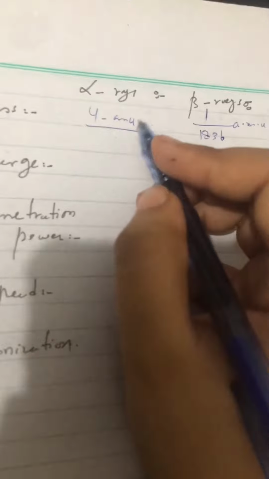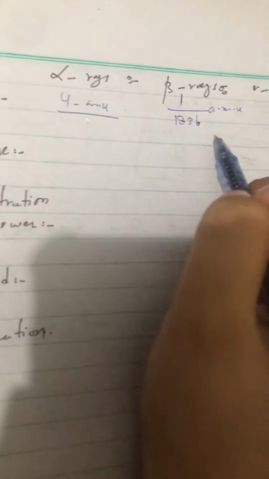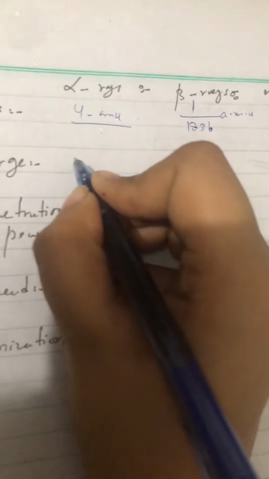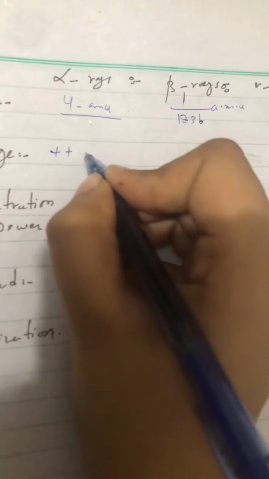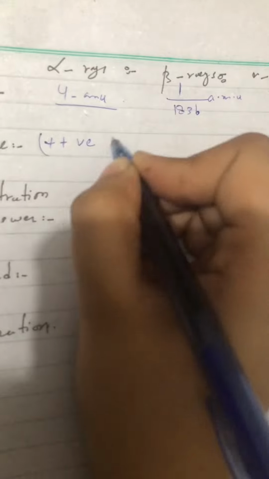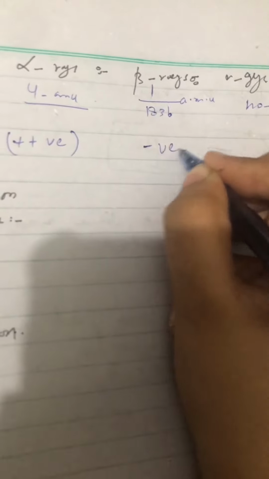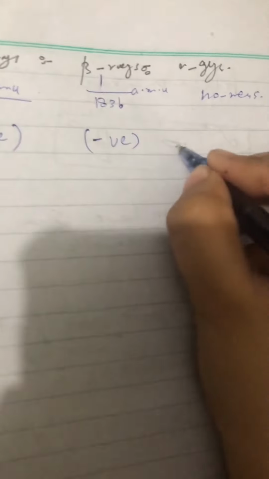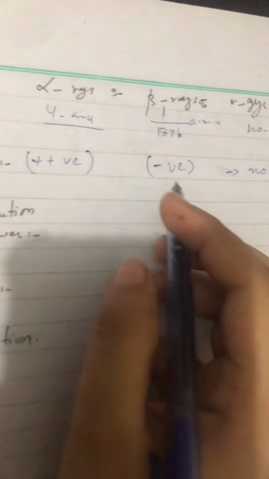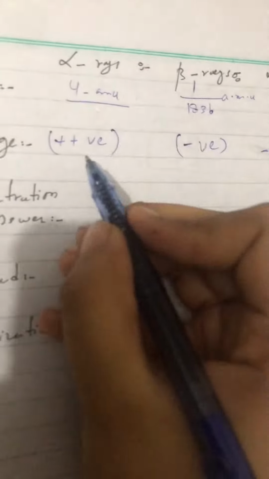Charge: alpha has 2 positive charge, and beta has 1 negative charge, and gamma has no charge.